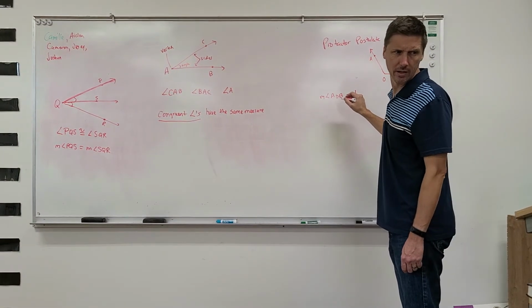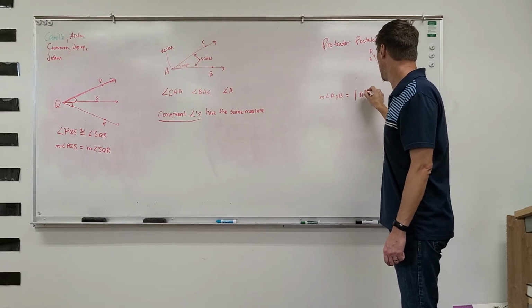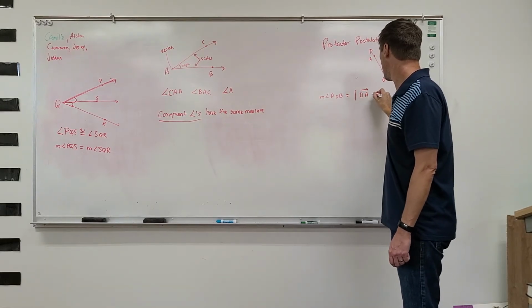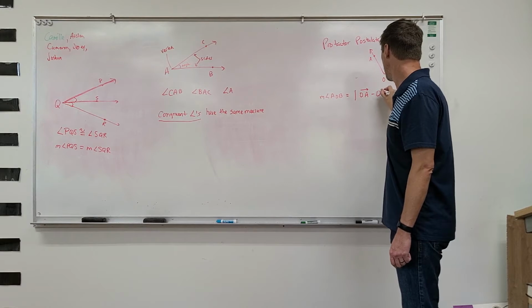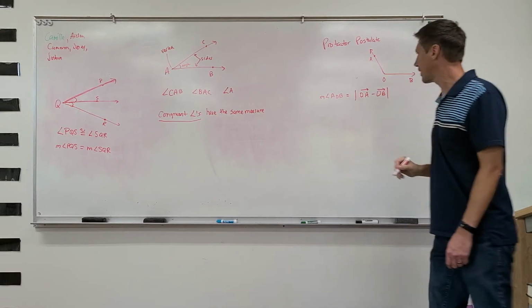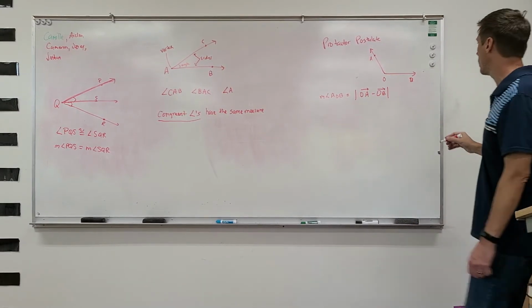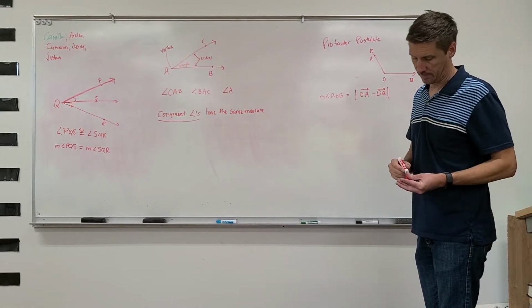So ray OA minus ray OB. And really for that to make sense, I need to draw the protractor behind there, which is going to be challenging.